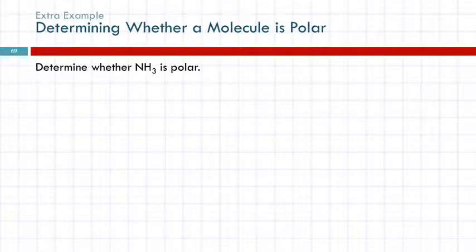Determine whether ammonia is polar. You got to start with the Lewis structure. There's the Lewis structure. Polar or nonpolar? Polar. It has a lone pair. If it has a lone pair, it's polar.